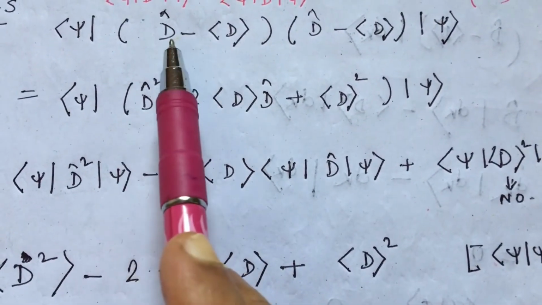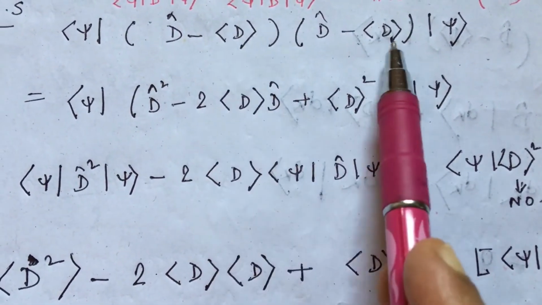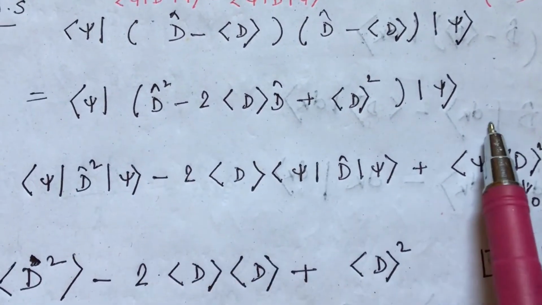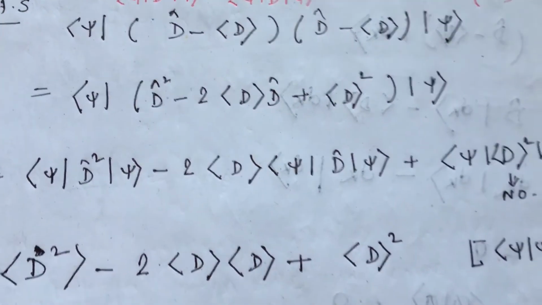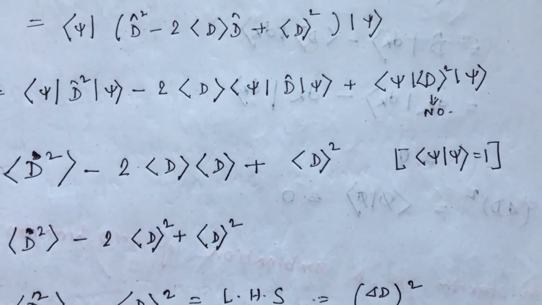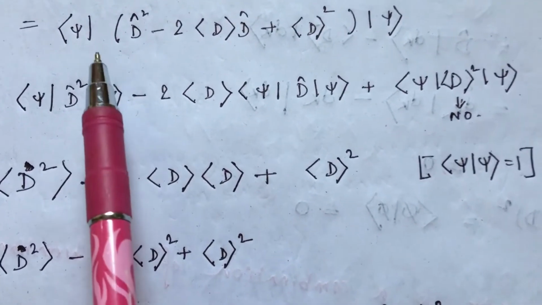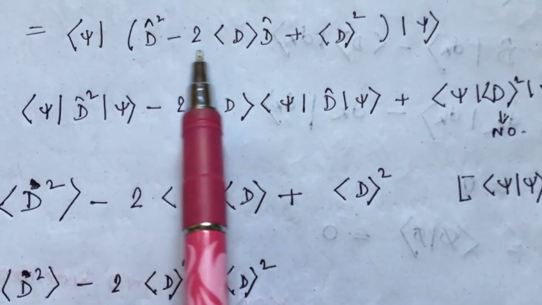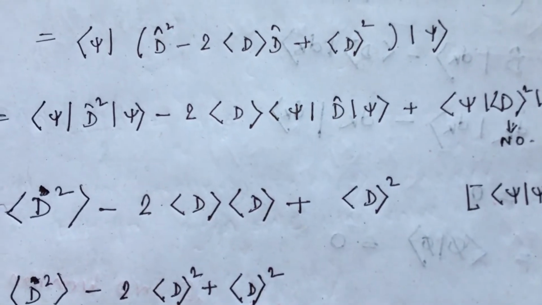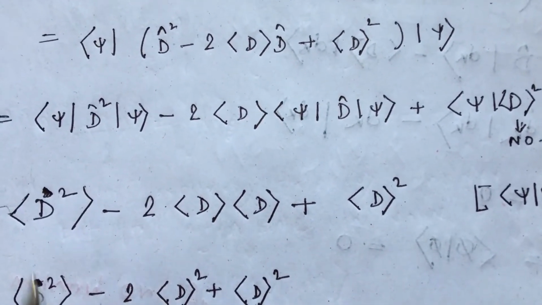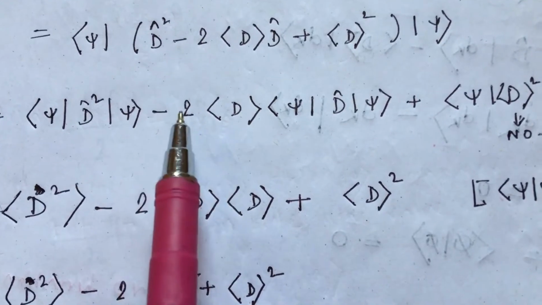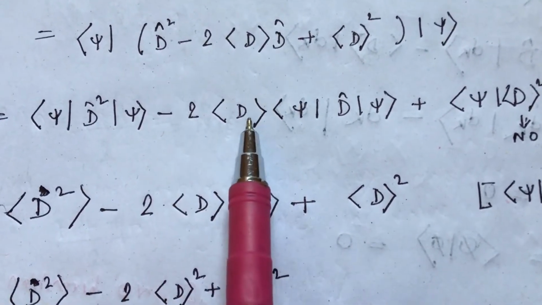So if I multiply all the 4 terms here, I will get this, and if I insert psi for each of these three terms, I will get <psi|d square|psi> minus 2 expectation of d.